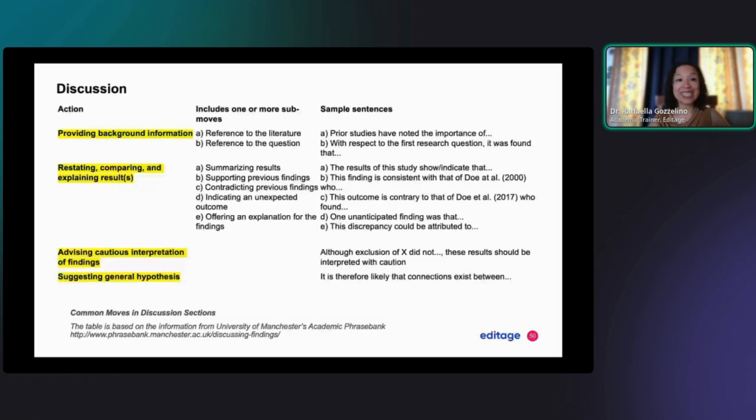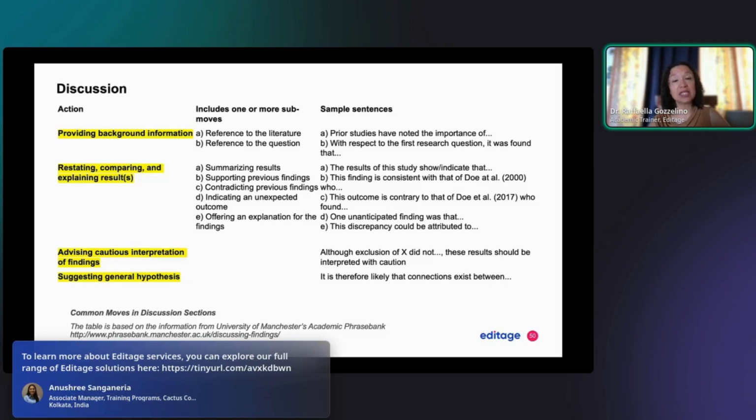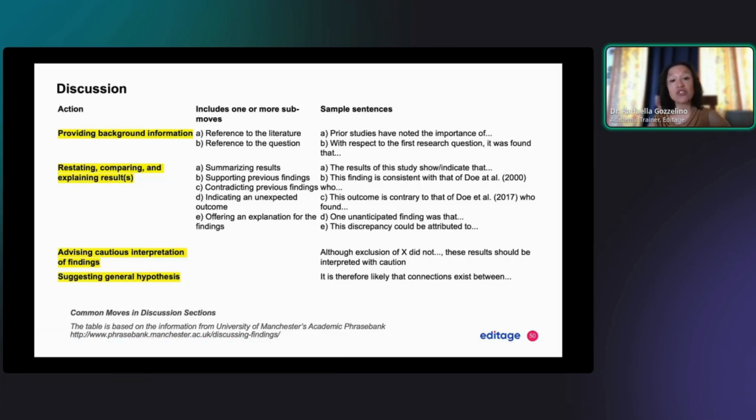So regarding the moves, remember to provide the background information, reference the literature or the question prior studies have with respect to the first research question, or reinstating, comparing, and explaining the results, summarizing the results, supporting previous findings, contradicting the previous findings, indicating an unexpected outcome, and offering explanation for findings.